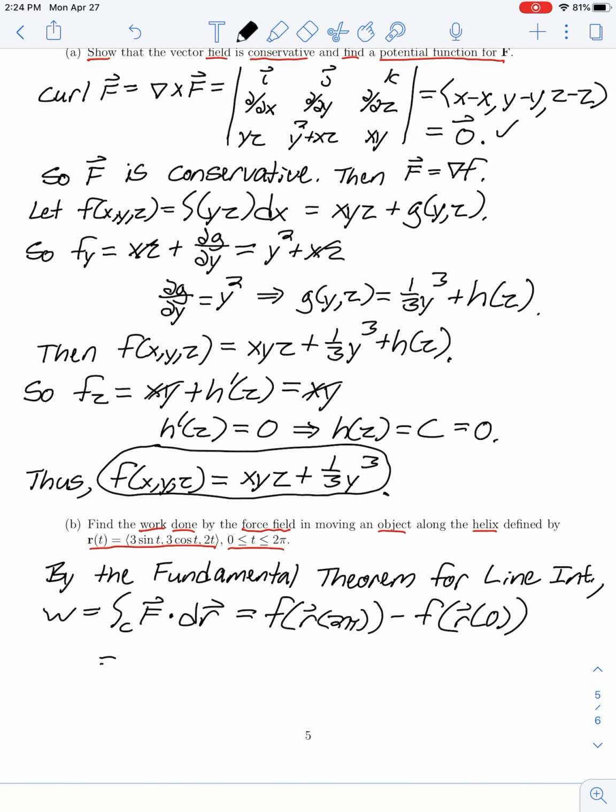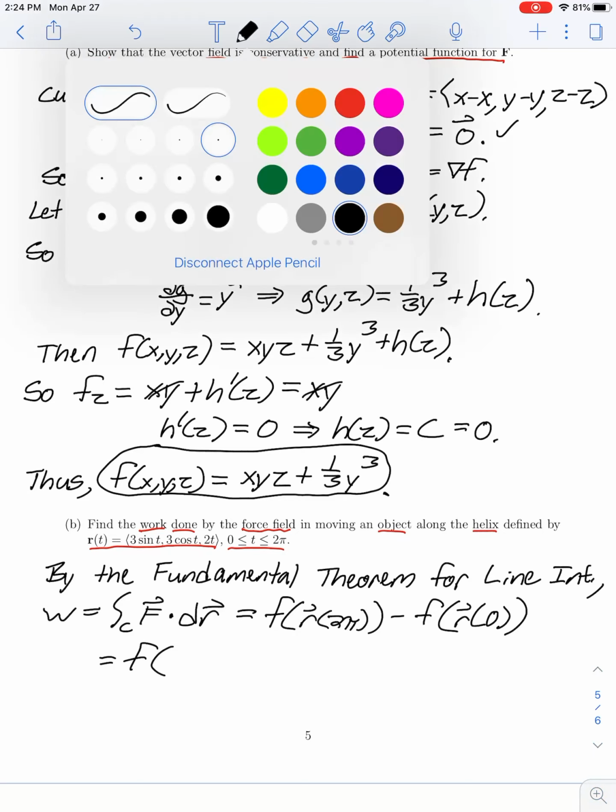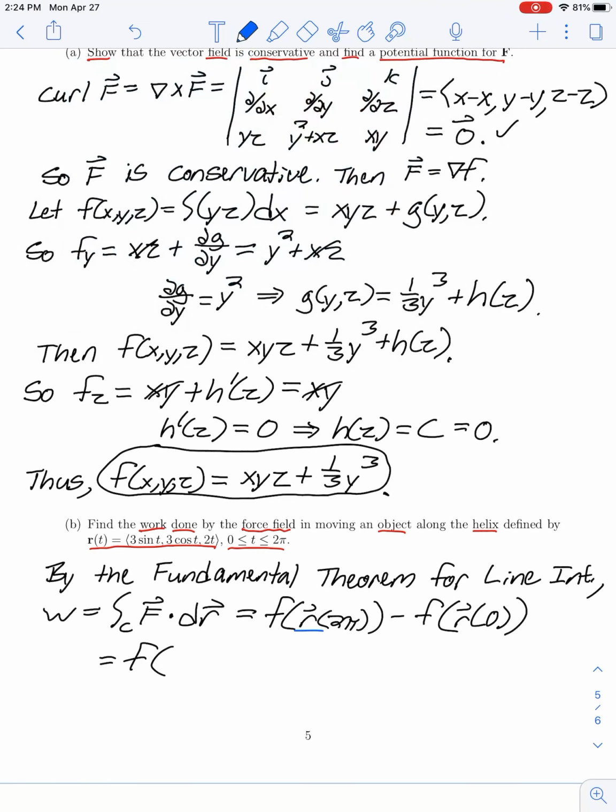So let's see what we get here. Our potential function f is evaluated first at r of 2 pi. So plugging in t equals 2 pi to this vector function r, we have a first component of 0, since sine of 2 pi is 0, then 3 times cosine of 2 pi, which is 1, so leaving us 3, and then our last component would be 2 times 2 pi, so here 4 pi.